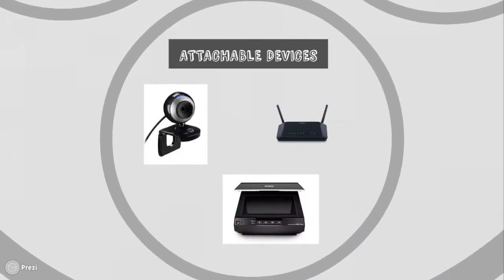There are other attachable devices that are not necessary for the computer itself, but also allow us to do many more tasks with the computer, like for example the webcam, which allows us to talk to a person who is in another part of the world. The modem, which allows us to connect to the internet, or the scanner, which allows us to introduce physical data into the computer.